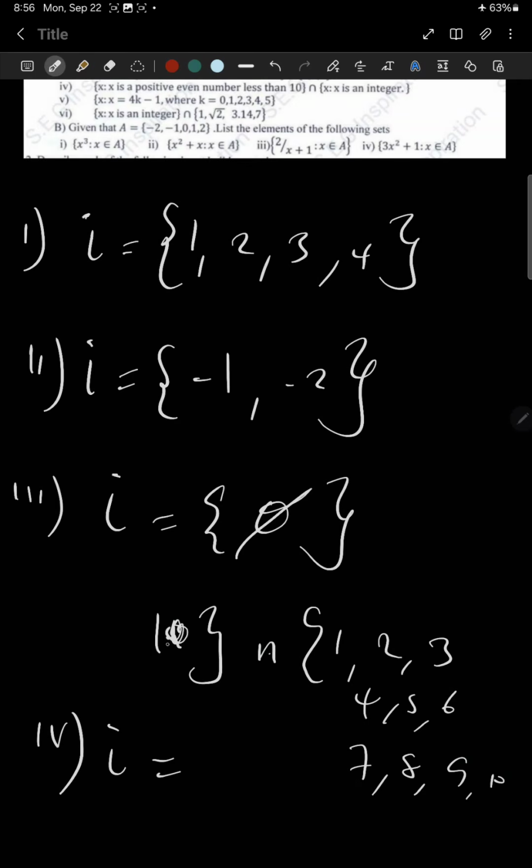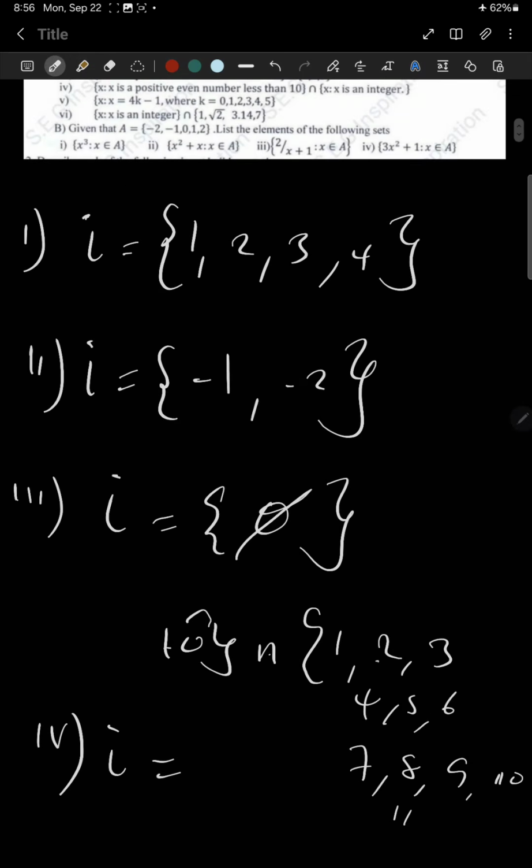Now what does intersection mean? Intersection is what is found both in this set and this set, which is 10, right? So I can even remove the 10 if I want to, because 10 is also found there. But I'll just put it for the sake of putting.